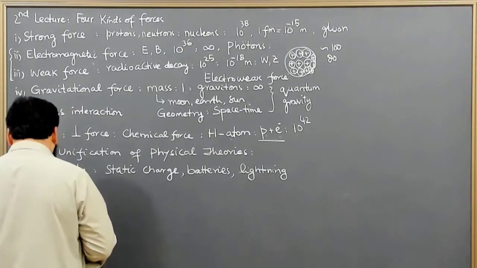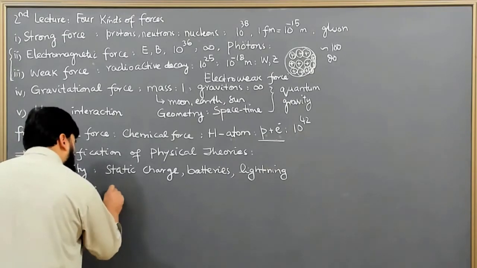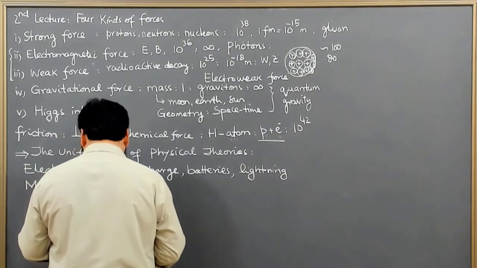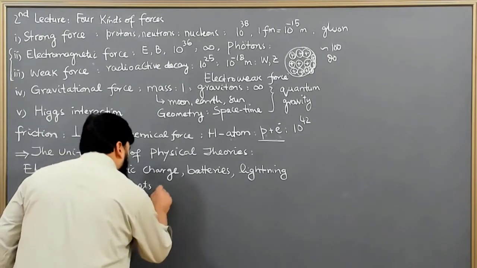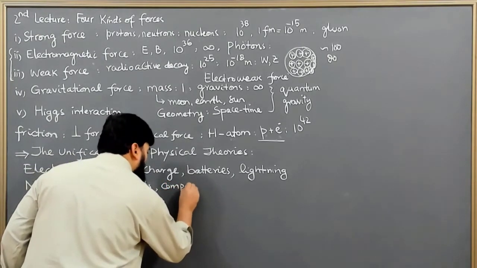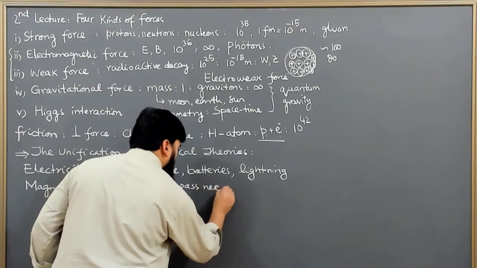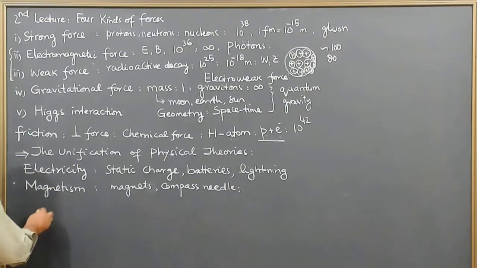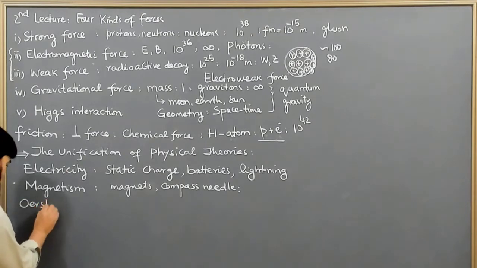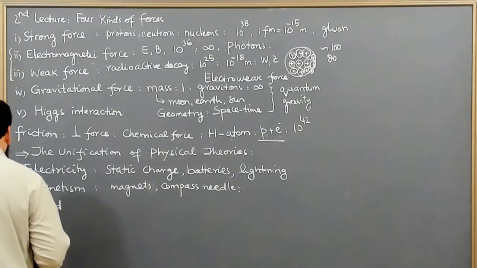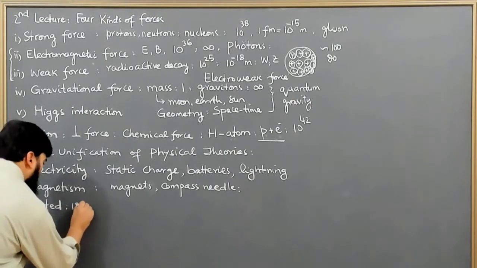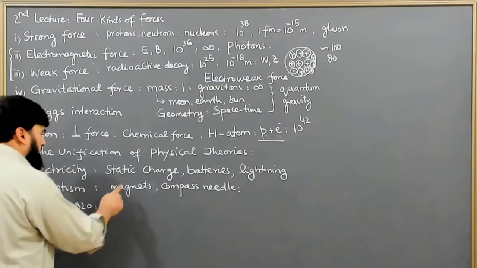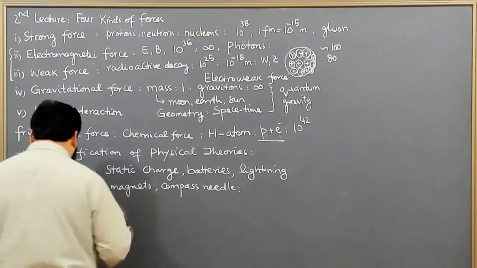Similarly, magnetism was a separate subject, dealing with permanent magnets and the compass needle, etc. It was Oersted who for the first time in 1820 observed that when an electric current flows close to a compass needle, it can deflect the compass needle.